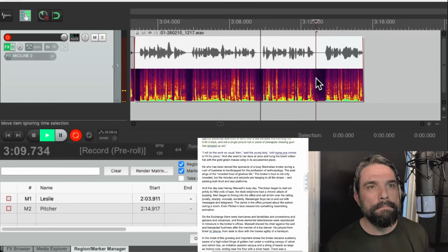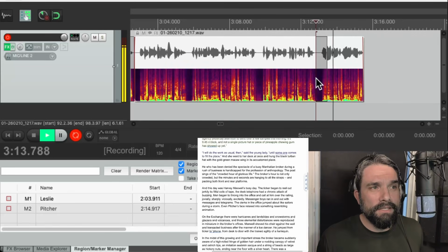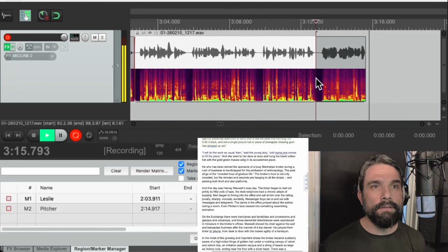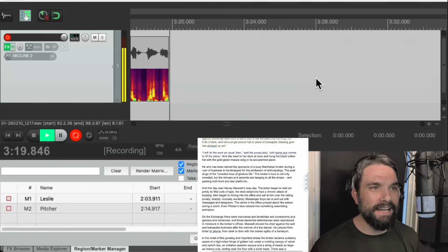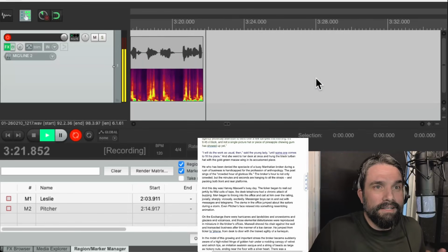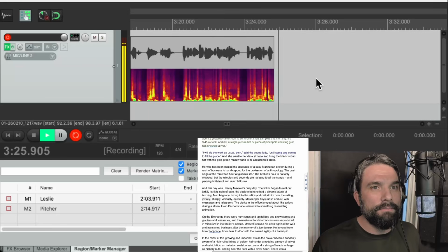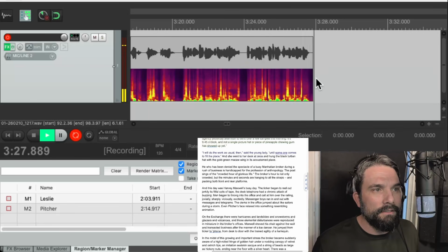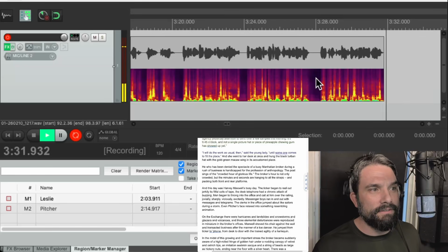Coils of tape. The desk telephone had a chronic attack of buzzing. Men began to throng into the office and call him over the railing, jovially, sharply, viciously, excitedly. Messenger boys ran in and out with messages and telegrams. The clerks in the office jumped about like sailors during a storm. Even Pitcher's face relaxed into something resembling animation.